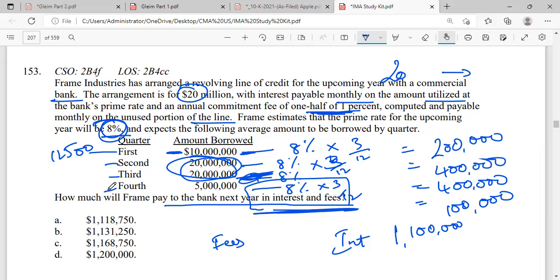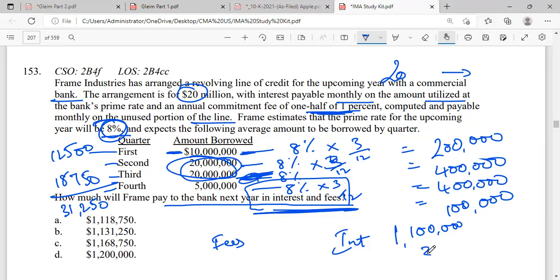15 million into 0.005 into 3 divided by 12 is equals to 18,750. 12,500 plus 18,750 is equals to 31,250.